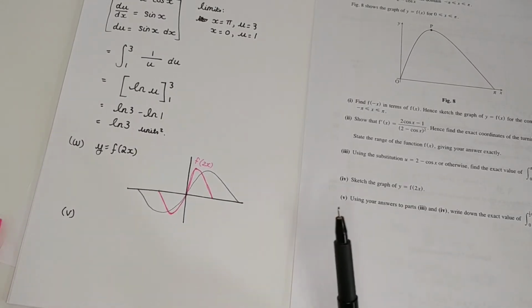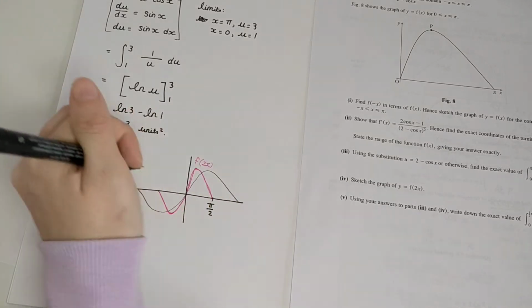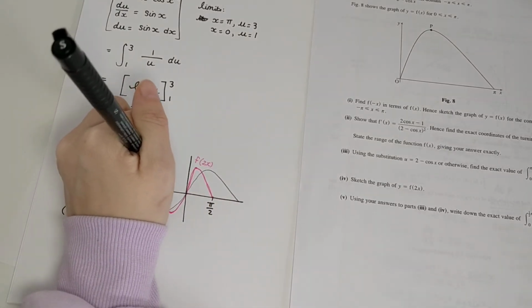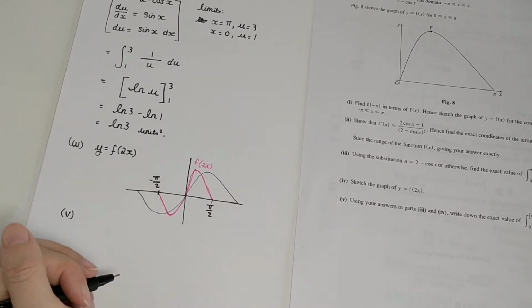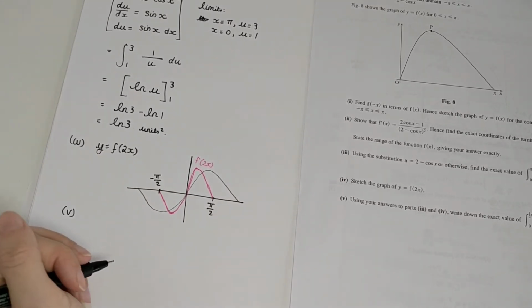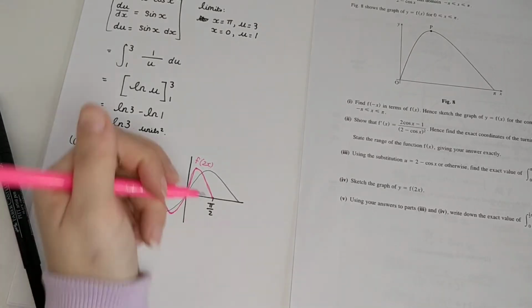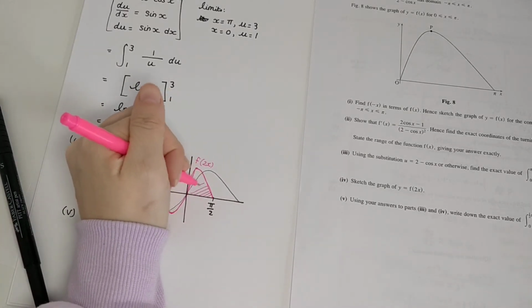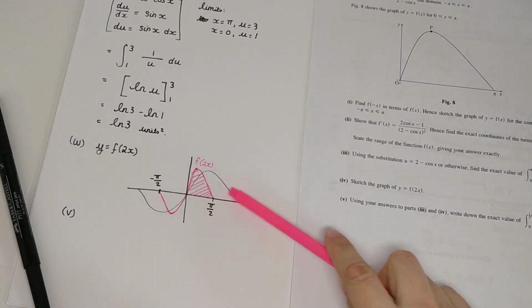So basically, I really probably should have labelled this point here and here. Definitely should have labelled that. My bad. So basically it wants this pink area here. How does that relate to this area?